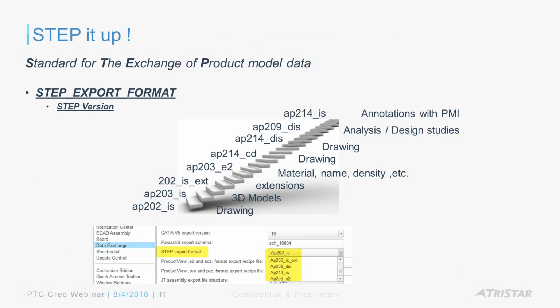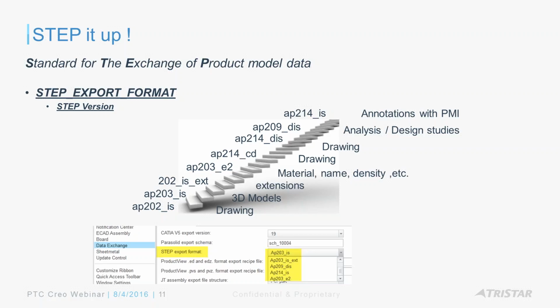If you use a better version, there is a chance you're also able to include annotations, and some additional information is added. They're continuously improving the STEP export format, as many of you may be aware. But the point is, if I could export a different version from Creo, they should be able to do the same thing from their end, regardless of what CAD system they use.